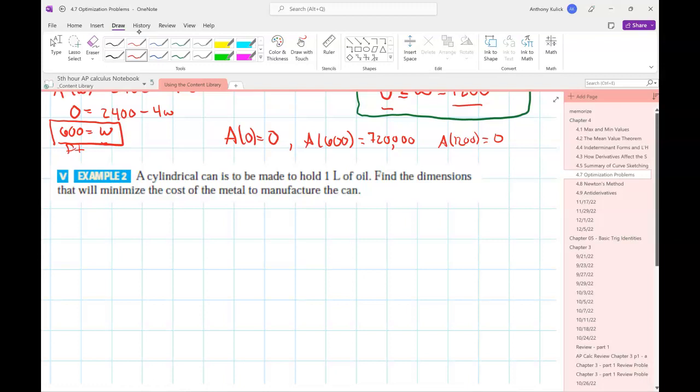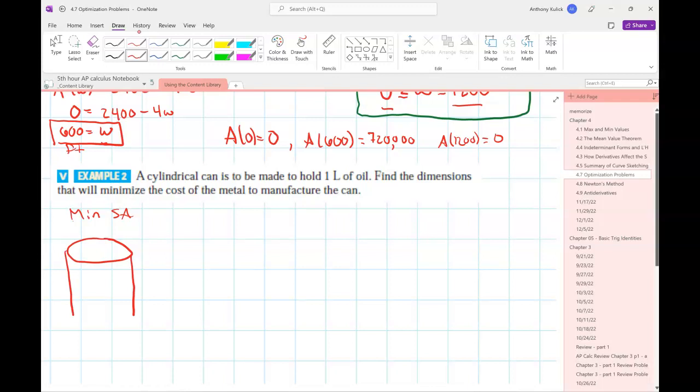Okay, we want to minimize the cost of the metal to manufacture the can. What are we really asking about there? Surface area. Excellent. So we want to minimize surface area.